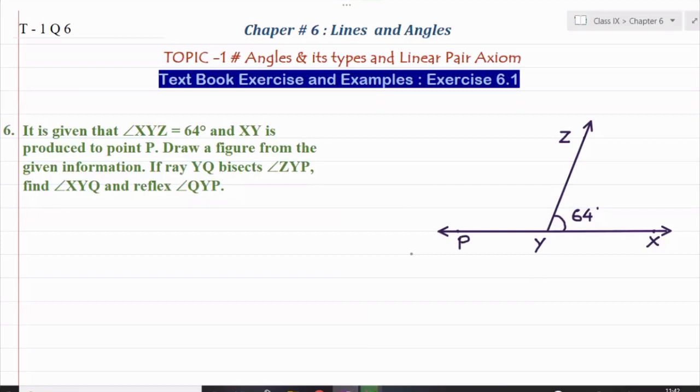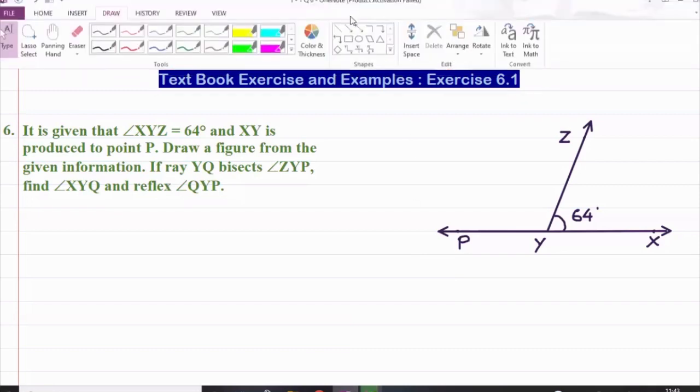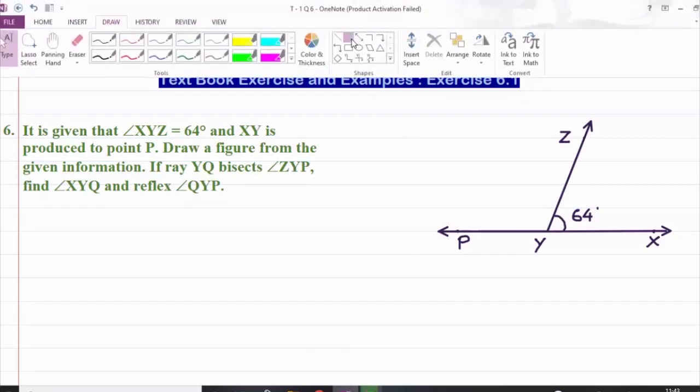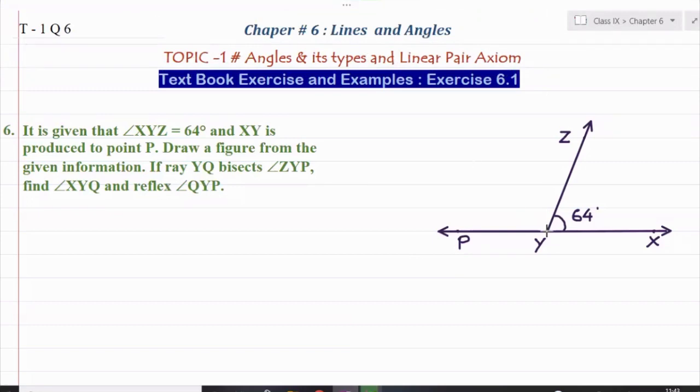Now I think we can clearly observe one angle is ZYP. So if we need to bisect ZYP, we can draw a line from the point Y. So we shall draw one ray from the point Y to bisect, to divide the angle ZYP into two equal parts.